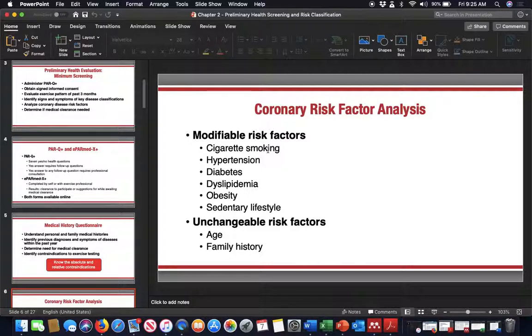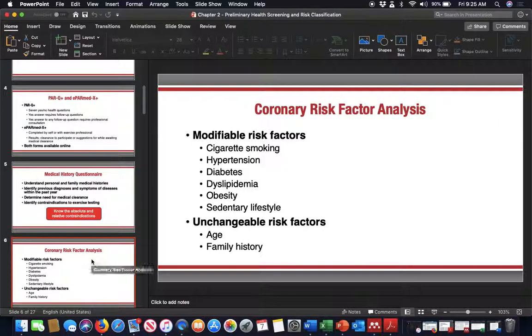Dyslipidemia could be dietary change, exercise change, or a combination of both. It could be cigarette smoking, again, alcohol consumption. There's a lot of those things that go with that. And obesity plays a part in all of those, and so does an inactive lifestyle. But unchangeable are age and family history, or genetics. Those are things that are not going to be able to be changed because it's embedded in your DNA. And then age, you can't get over the fact that you're going to get 1 year older every year.